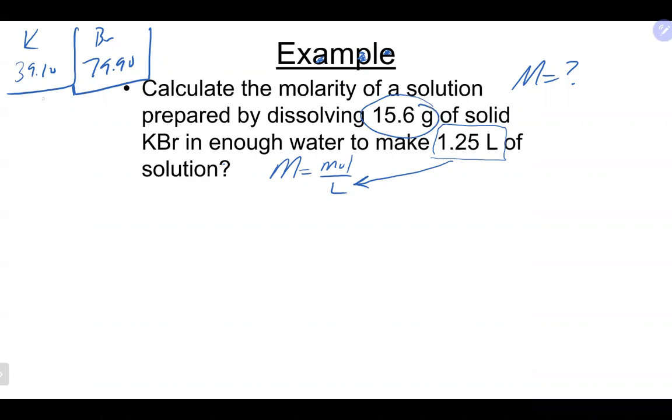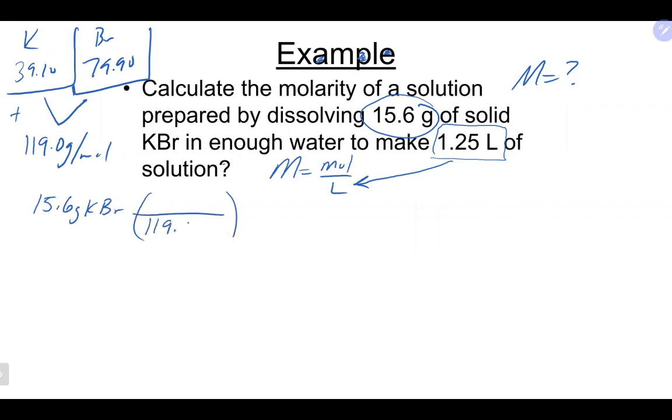Once again, the periodic table is going to allow us to convert grams to moles. This is KBr, so we just add those two together, and that gives us 119 grams per mole as our molar mass. The first thing we need to do is take our grams of KBr, using the molar mass, and convert it into moles so that we have the correct unit up on top.